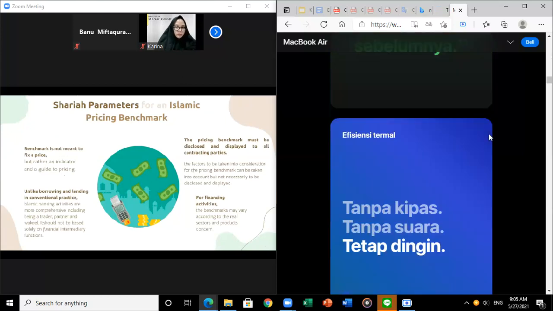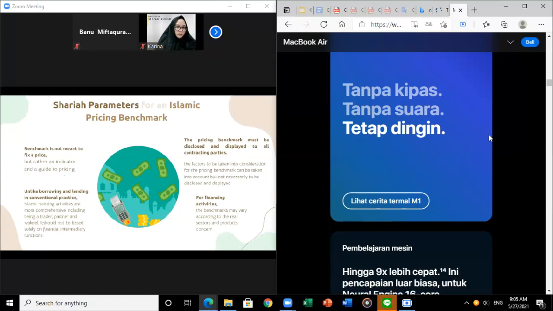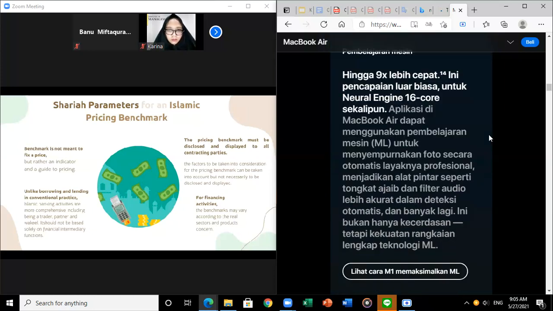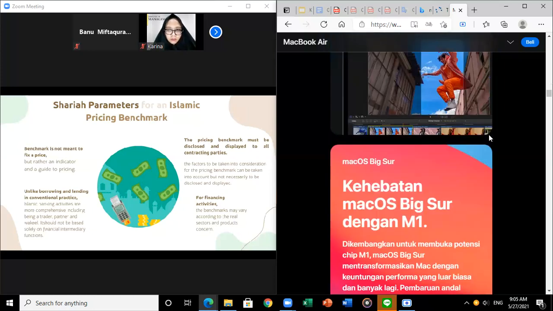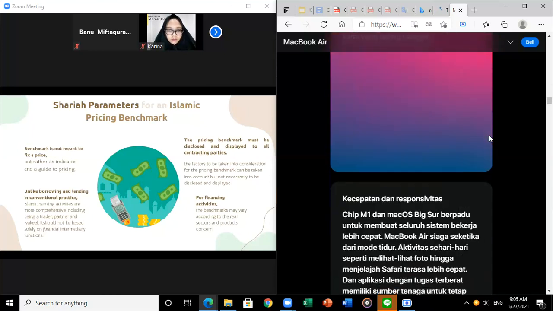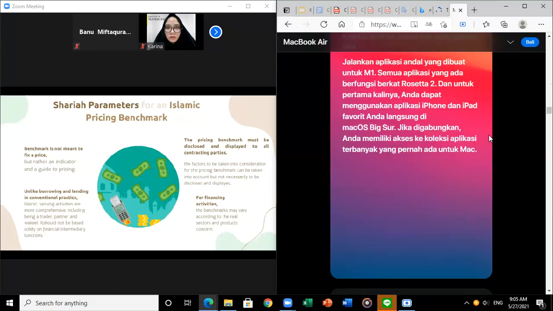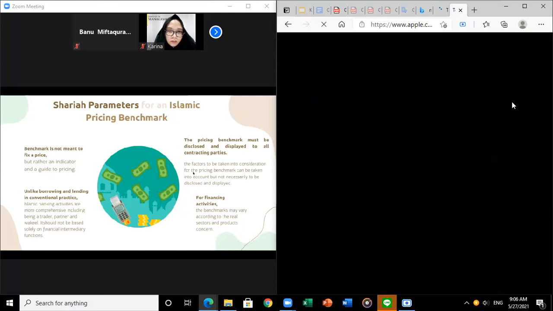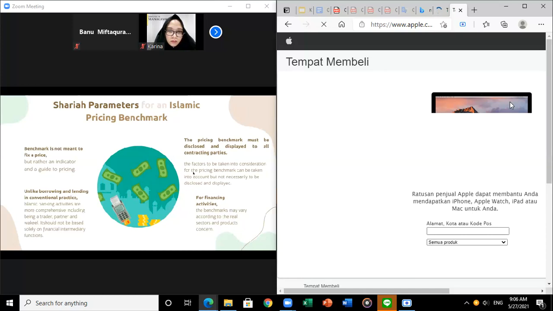There are some Sharia parameters for an Islamic pricing benchmark. The first one is that the benchmark is not meant to fix a price, but rather is an indicator and guide to pricing. The next one is, unlike borrowing and lending in conventional practice, Islamic banking activities are more comprehensive, including being a trader, partner, and wakil. It should not be based solely on financial intermediary functions.